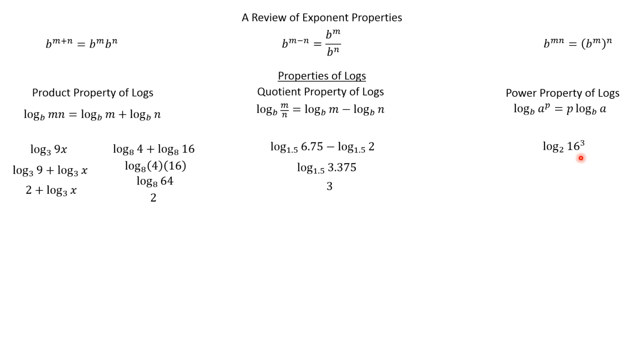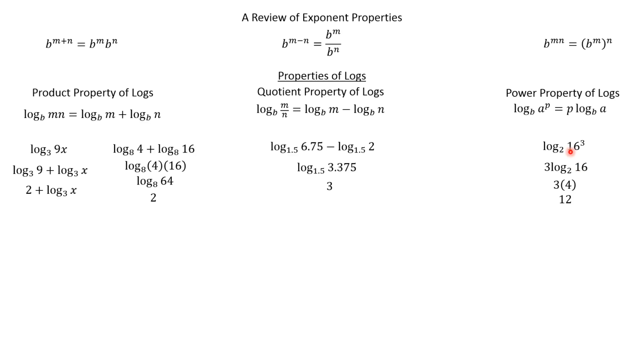Or I can move the 3 out in front. 3 times log base 2 of 16. Well, 2 to the what power equals 16? See, we have 2, 4, 8, not 6. How many of you are thinking 6? 2, 4, 8, 16. So that would be 4. So we have 3 times 4, which is 12.